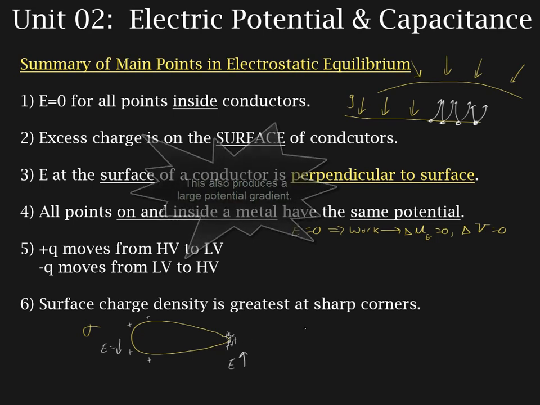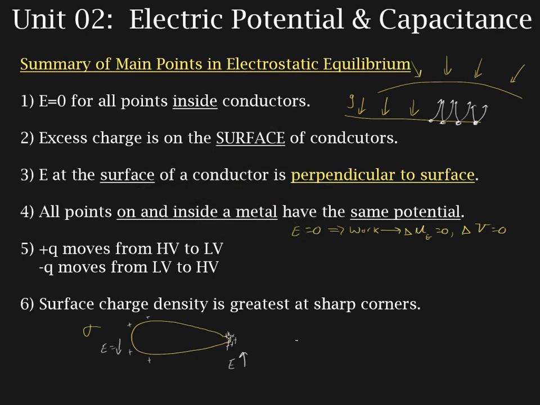Lightning rods work off of this principle. A cloud passes overhead. So you've got a storm cloud here, and it's all charged up. It's ready to throw a lightning bolt, and you've got your house, and on your house you have a lightning rod, which is right here.